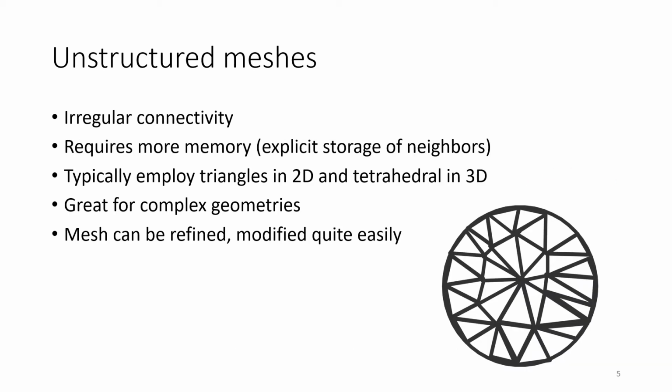On the other hand, for unstructured meshes, I don't have this regularity, right? But I'm gaining something. I can rebuild complex geometries, right? So even when we look here at a circle, I can't reproduce a circle with quadrilateral elements or with any kind of structured mesh. With a curvilinear mesh I could, but it's getting very, very complicated.